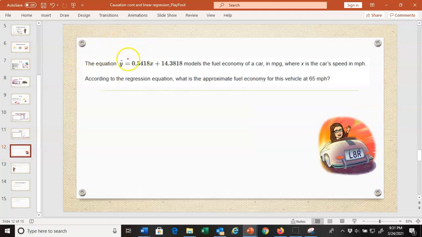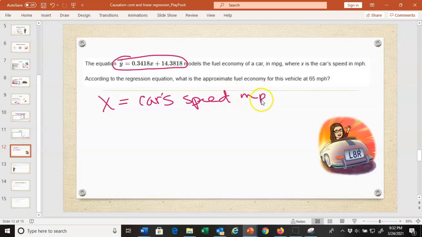All right, so check this out. They gave us a model, a projection model for fuel economy of a car in miles per gallon. So they tell us X is the car's speed in miles per hour. According to the regression equation, what is the approximate fuel economy for this vehicle at 65 miles per hour?